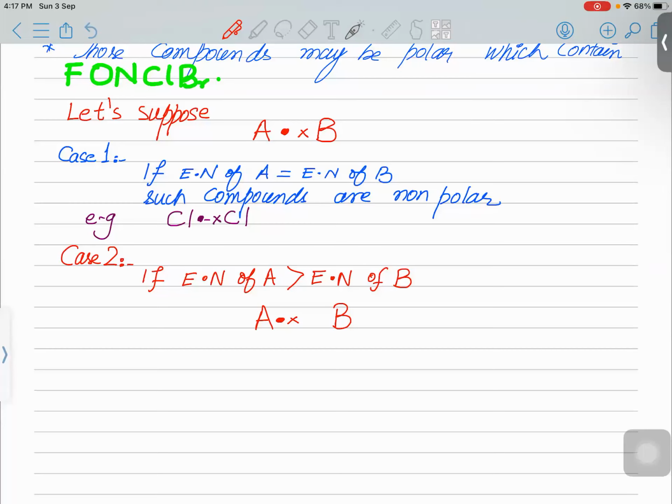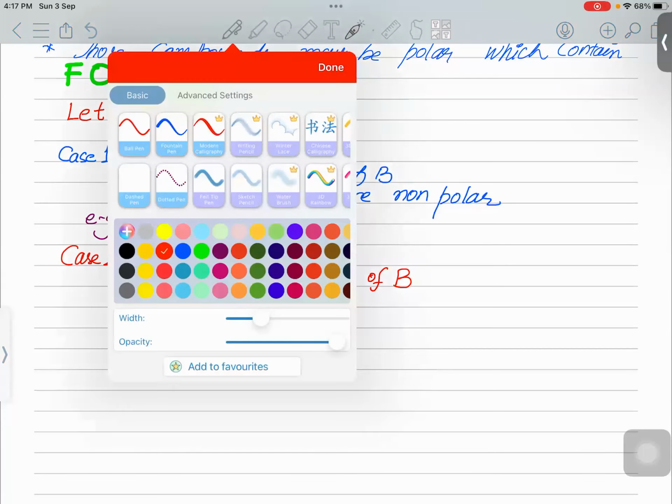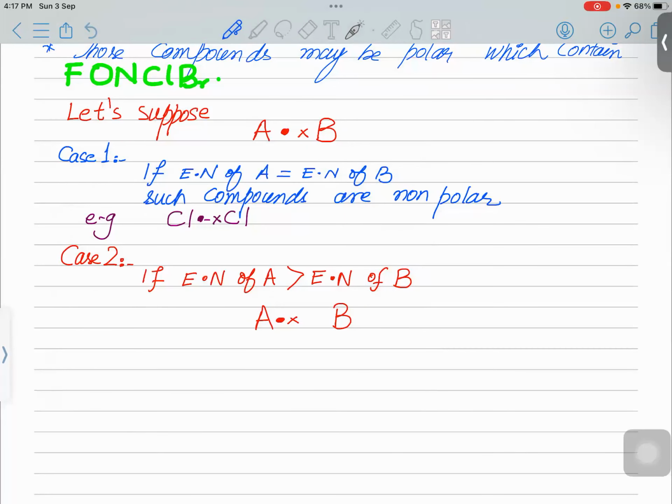Negative. So this A gains a small negative charge. This is called delta. Delta indicates a very, very small charge.